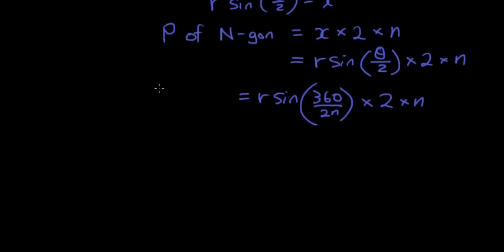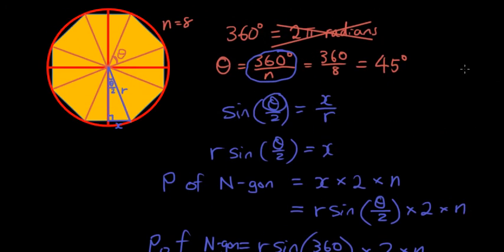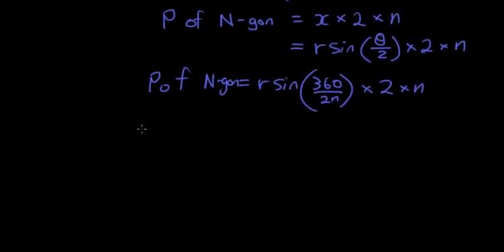So if the perimeter of the n-gon is equal to this, now how do we find pi? Well, we're assuming that the perimeter of the n-gon is very close to the perimeter of the circle. So in order to find pi, we're going to assume n is close to infinity.